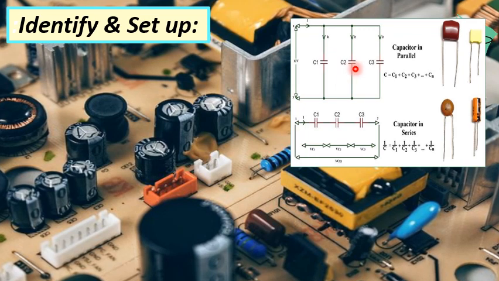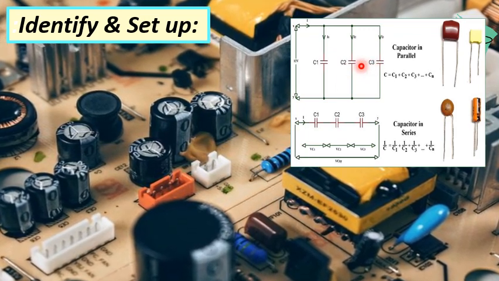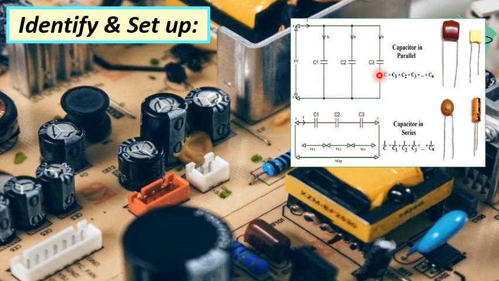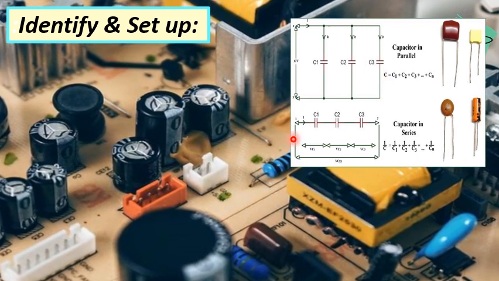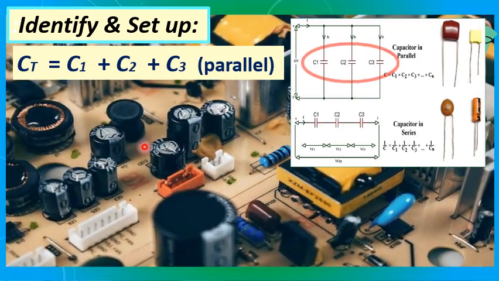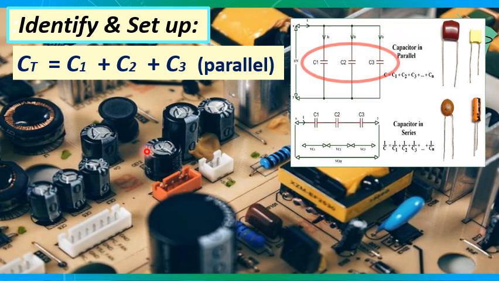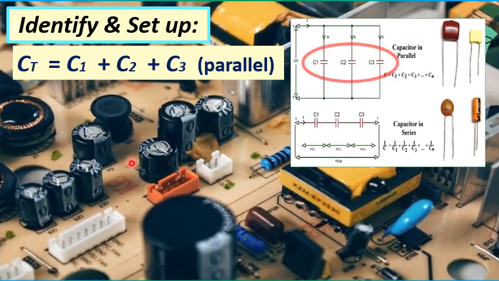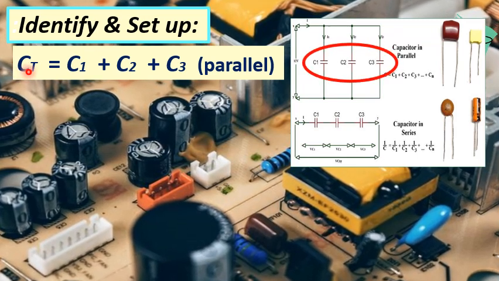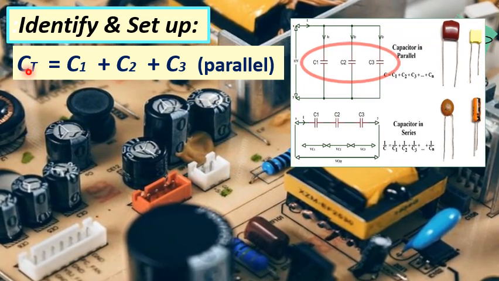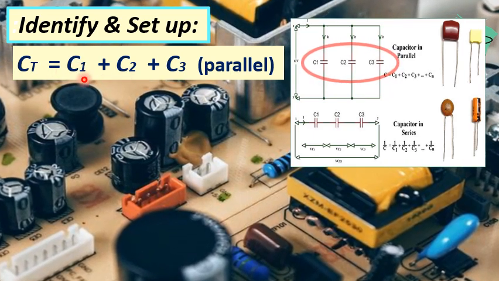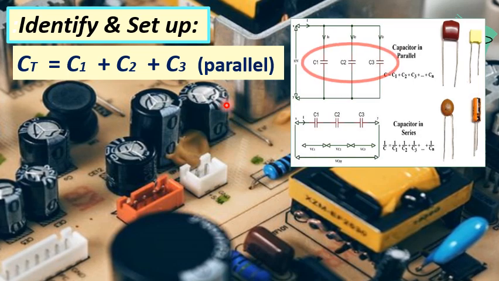The figure here shows the arrangements of three capacitors when they are in series and when they are in parallel. For capacitors connected in parallel, their equivalent capacitance or total capacitance, denoted by C sub T, is just equal to the sum of the individual capacitances, that is C1 plus C2 plus C3.